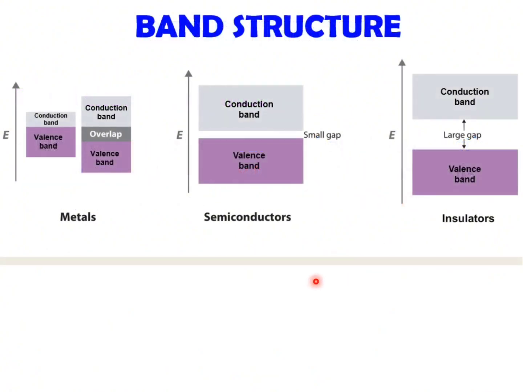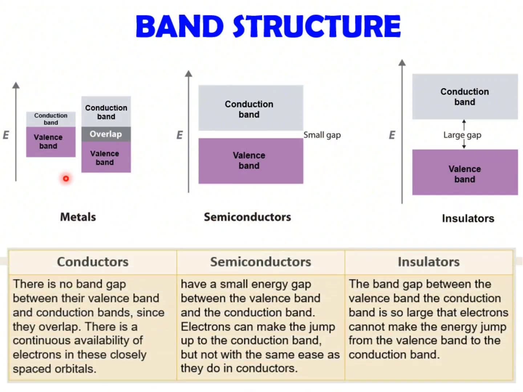Okay guys, look at this band structure between metal, semiconductor, insulators. Okay, we know that metal actually is the conductor. So kita tahu metal memang boleh mengalirkan arus elektrik. Okay, so how to explain based on this band structure? Okay, so if you look here, yang kotak warna kelabu ni kita letak sebagai conduction band. And the purple box here is valence band.